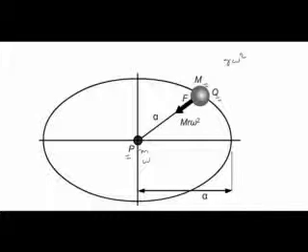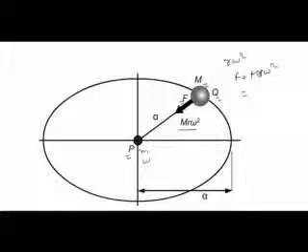Now let's fix our frame of reference at object P. In this frame of reference, the forces acting on object Q would be F, that is the mutual force of attraction, and a pseudo force which is equal to the mass of object Q into the centripetal acceleration of object small m, that is M into r omega square. So these two are the forces, that is F plus M r omega square, which are acting on object Q in the given frame of reference.